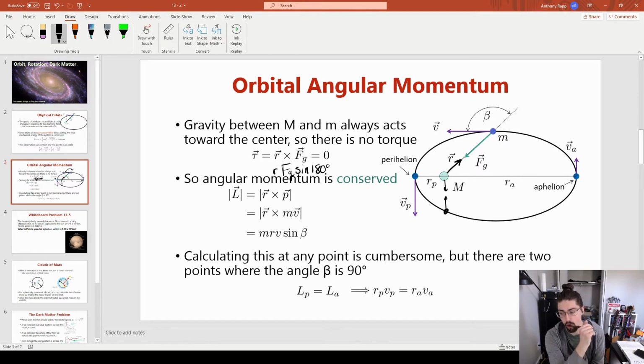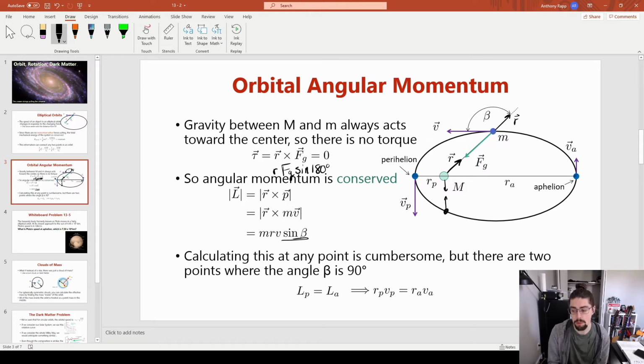Fantastic. So kind of going from that, at any point, we can always say that, okay, well, the angular momentum at any point should be conserved. This is essentially a point mass orbiting around something. So I'm going to take this point mass description of angular momentum, r cross p. Now, this angle, we're no longer dealing with a sine of 90 kind of deal here. We're going to call this sine of beta, where beta is the difference. So this is my r vector out to v.